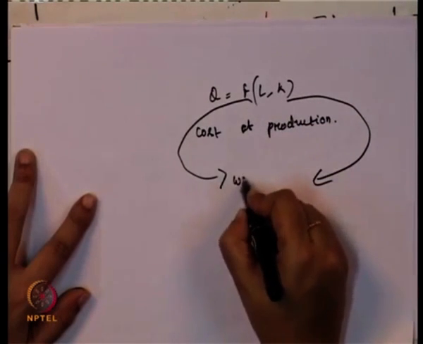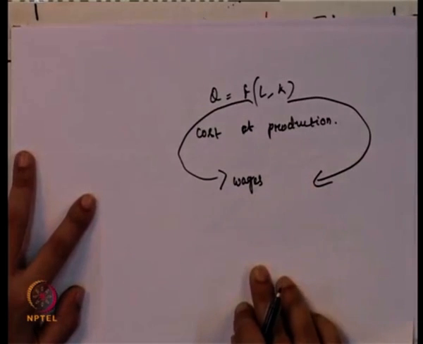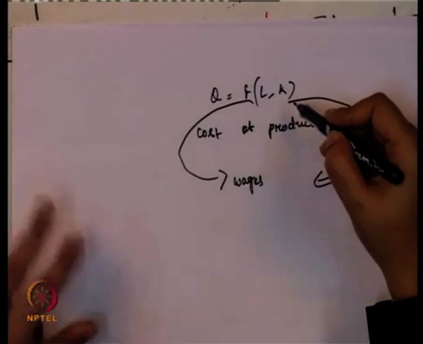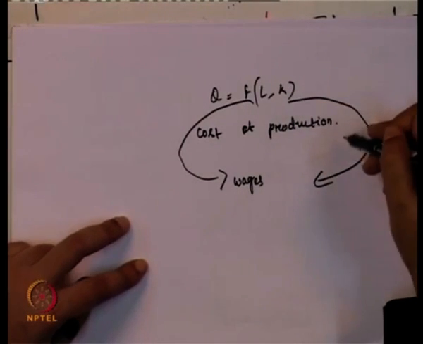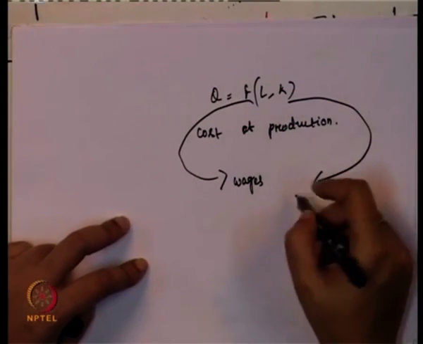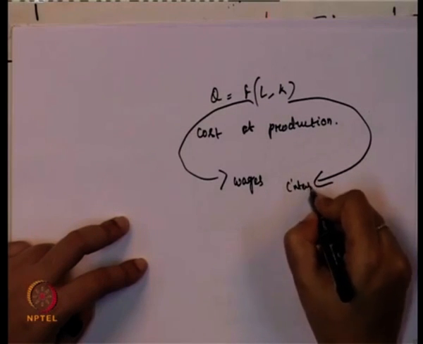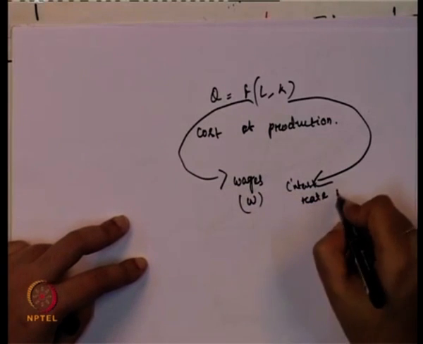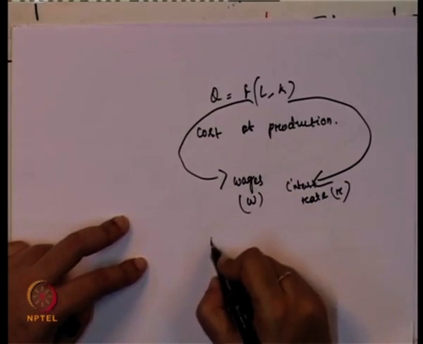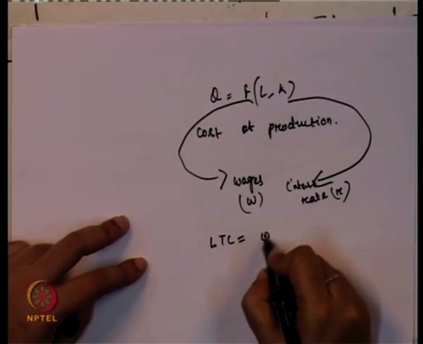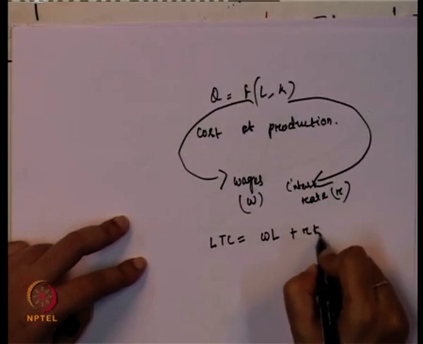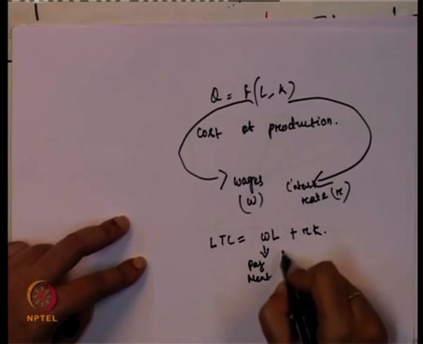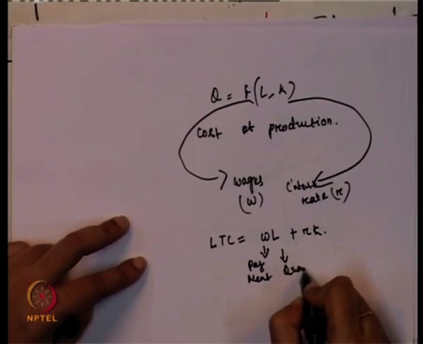So, labor is the payment we make to use labor as an input of production, that is wages, and K, whatever payment we are spending on K, comes as the interest rate. Okay. So, if you take W as the wages, R as the interest rate, then long run total cost is WL plus RK.